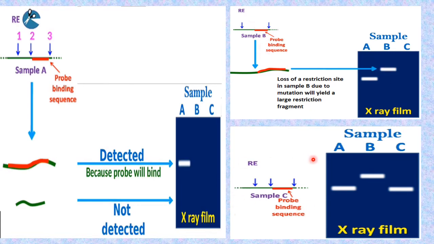And now in sample C, there's no mutation at this second point, point number 2. So again, a similar pattern of gel electrophoresis will be obtained and observed on the X-ray film.